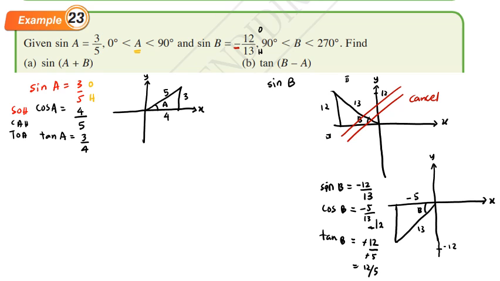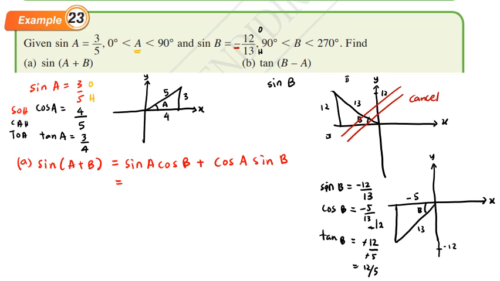Okay, so kita nak start calculate. Okay, so for A, sin A plus B. Refer to your formula, page 215. Sin A plus B is sin A cos B plus cos A sin B. Okay, so you just need to substitute based on what we found in the early part.